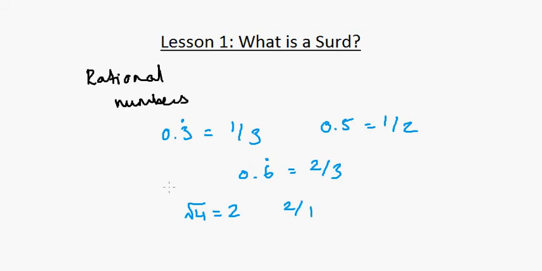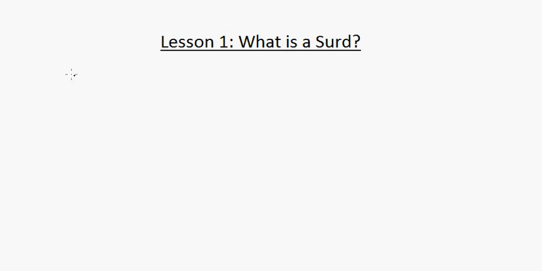So now let's move to irrational numbers, and from here we'll work out exactly what a surd is. So what is an irrational number?